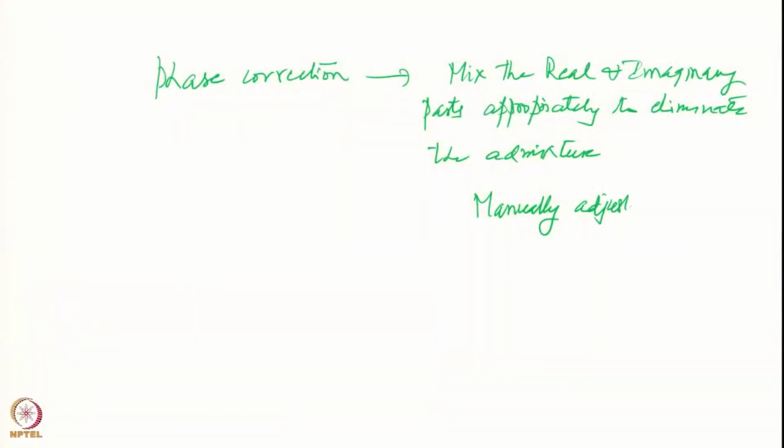Okay, after you have done the phase correction, you get a pure absorptive line for the real part and a pure dispersive part for the imaginary part.